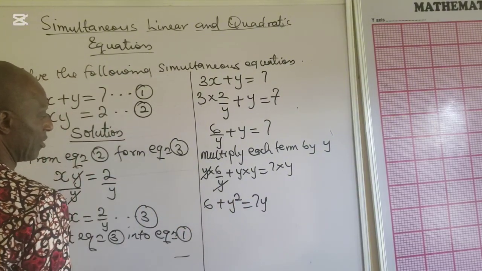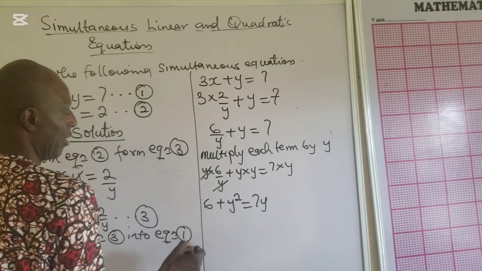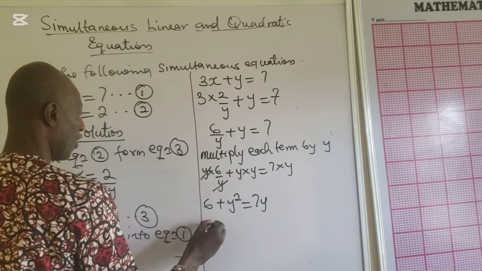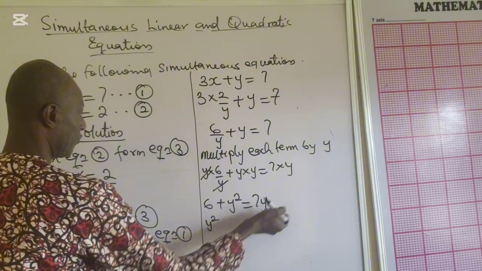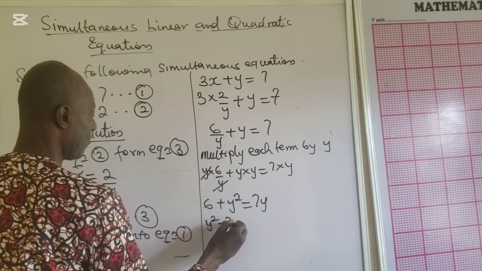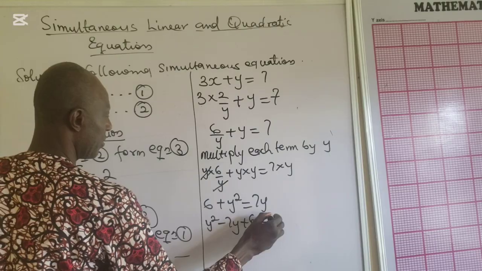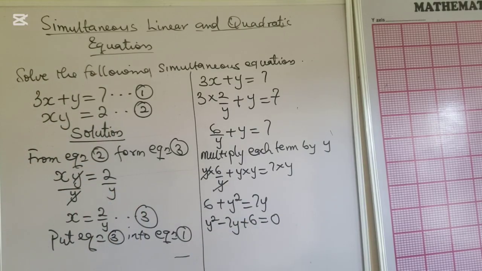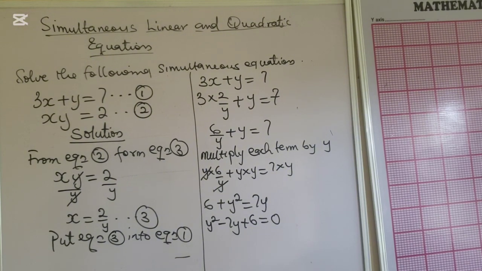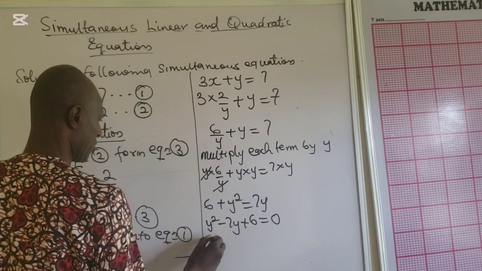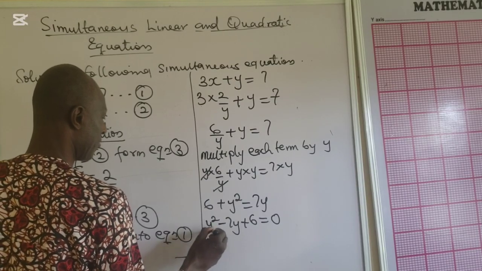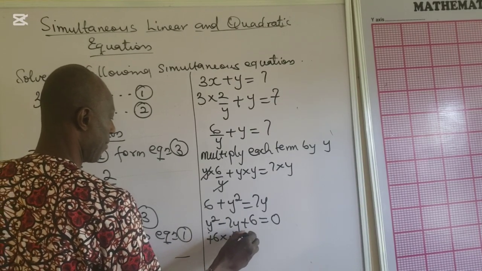I want to carry the 7y to this place and rearrange it to make it equal to 0. And now write y squared minus 7y plus 6 is equal to 0. Now we use the last term, which is plus 6, to multiply the first term, which is y squared.